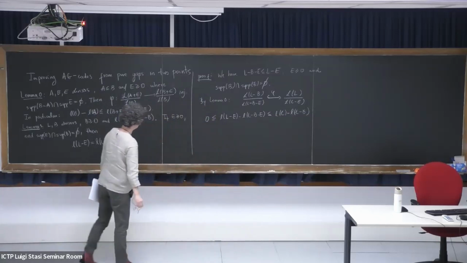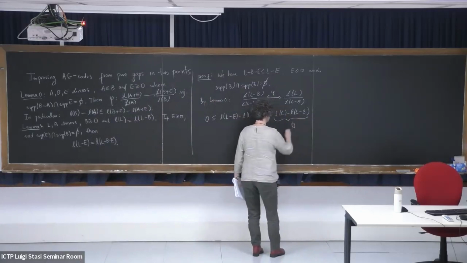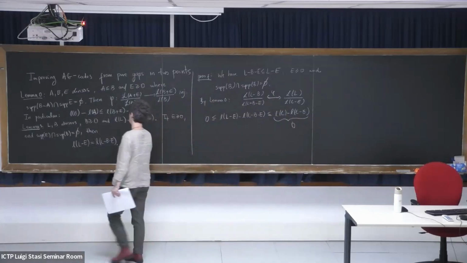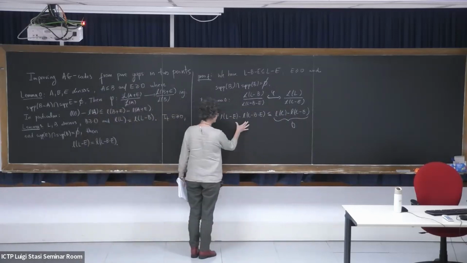And now by hypothesis, these are equal, so this is just 0, because we are assuming this. So we get that these are equal.